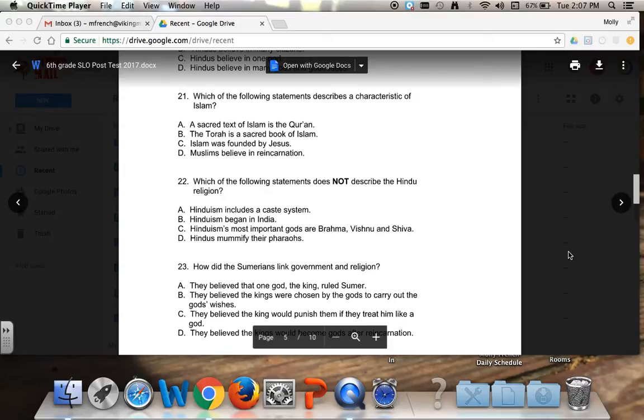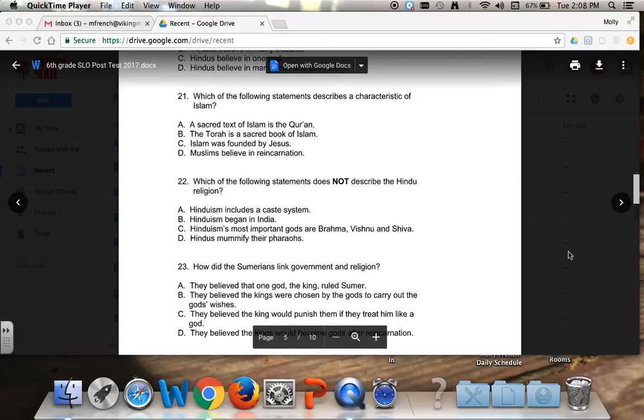Which of the following statements does not describe the Hindu religion? A. Hinduism includes a caste system. B. Hinduism began in India. C. Hinduism's most important gods are Brahma, Vishnu, and Shiva. Or D. Hindus mummify their pharaohs.